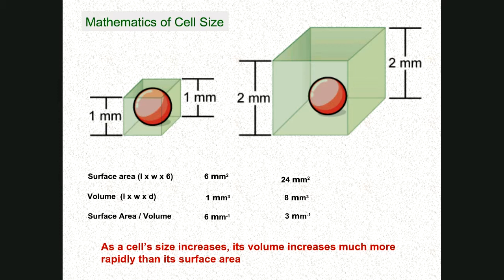The surface area per volume is 6 to 1. For the second one, surface area is 24. The volume is 8. The surface area to volume ratio is 3. So as the cell size increases, its volume increases much more rapidly than its surface area.